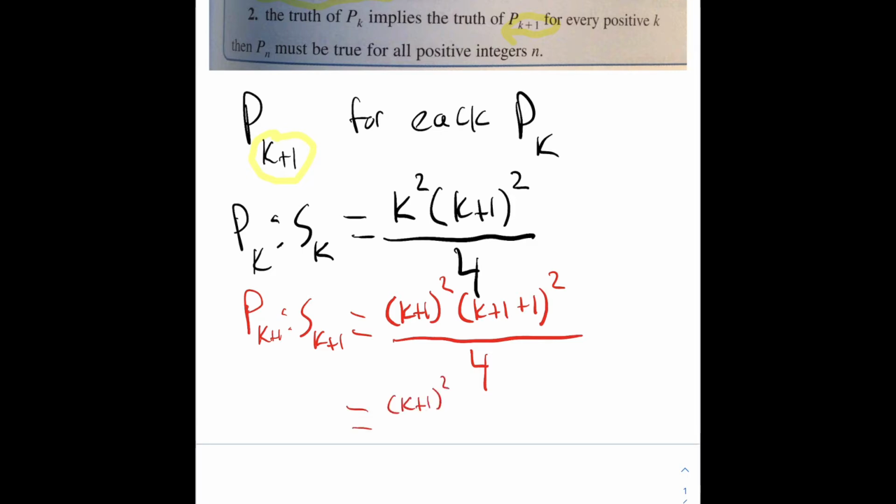So now I can start simplifying. This is actually like saying K plus 1 squared, K plus 1, plus 2. Oh, wait, that's not an equal sign, excuse me. All right, those are together, and then it's over 4.